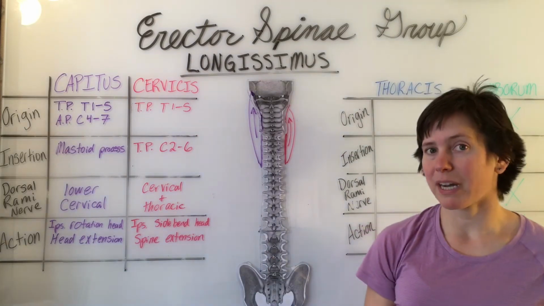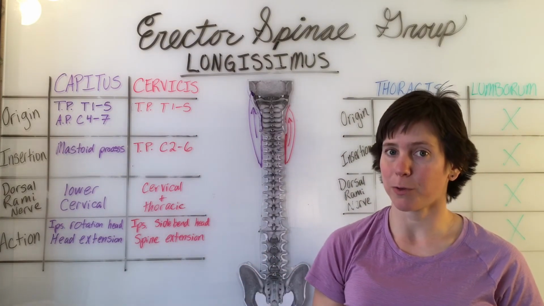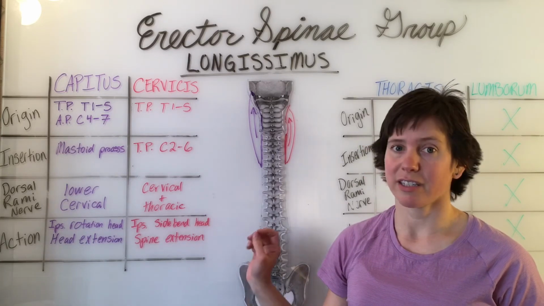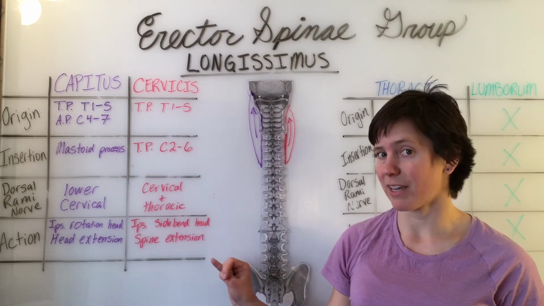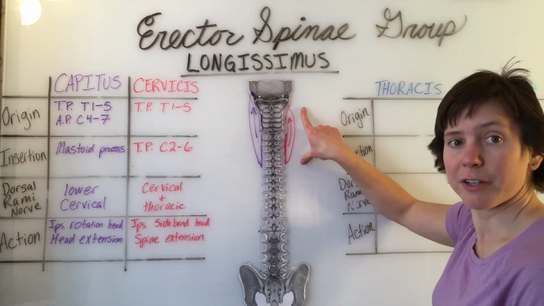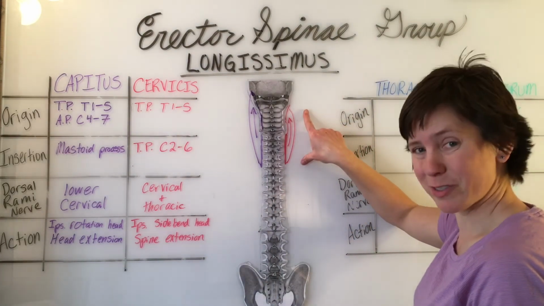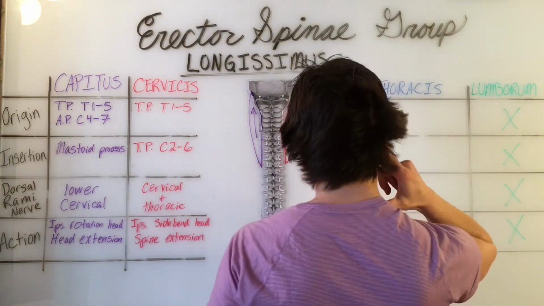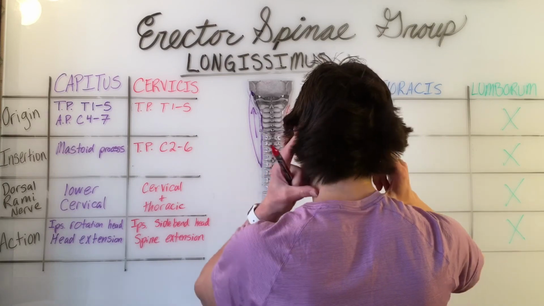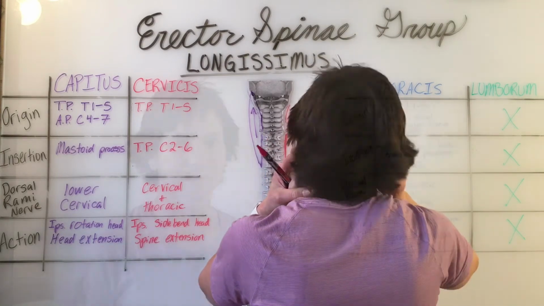It is innervated by the dorsal rami of the cervical and thoracic spinal nerves, and its action is ipsilateral side bending of the head and spine extension. So on our Longissimus cervicis here, ipsilateral side bend of the head and bilateral extension.